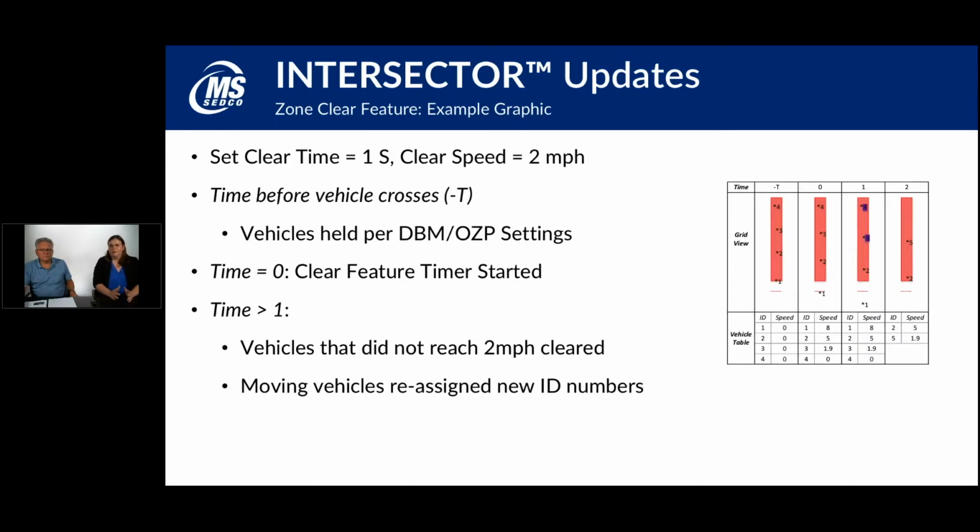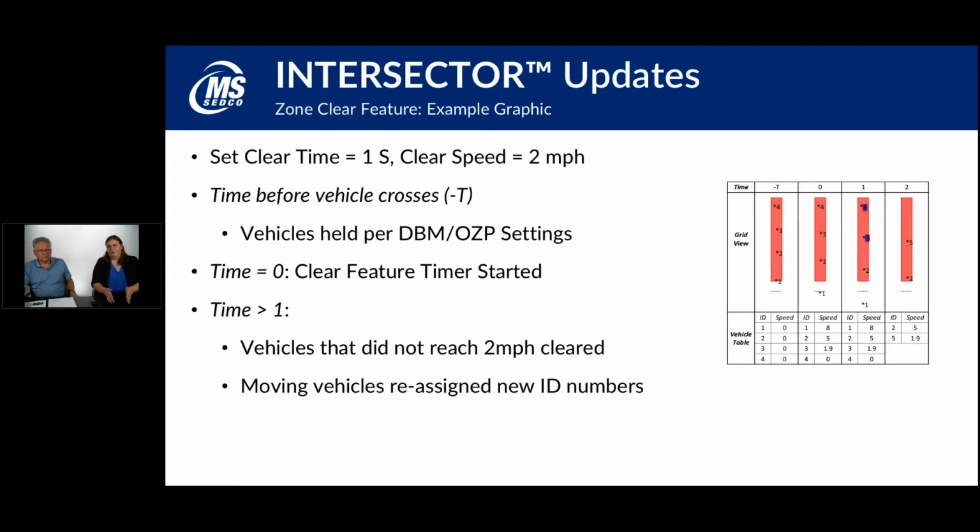So to just give everyone an idea, I put an example in here because I know it's hard for me to wrap my head around it whenever we were first storyboarding this feature. So at negative t, before any vehicle crosses the front of the zone, everything's going to be held as you're used to with DBM and your OZP settings. Once that front car crosses 10 feet in front, it's going to start that clear timer.